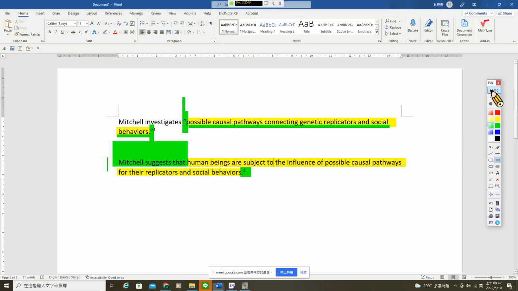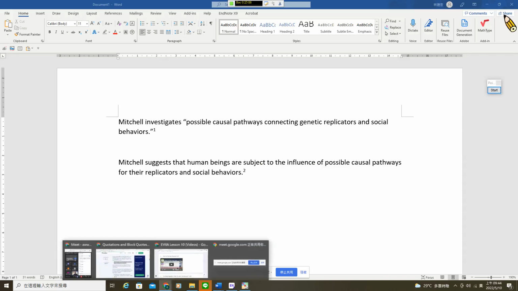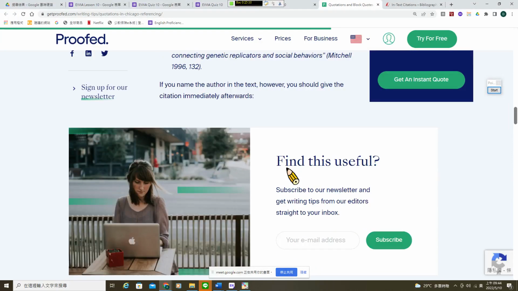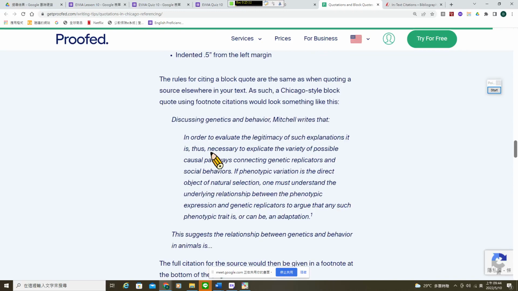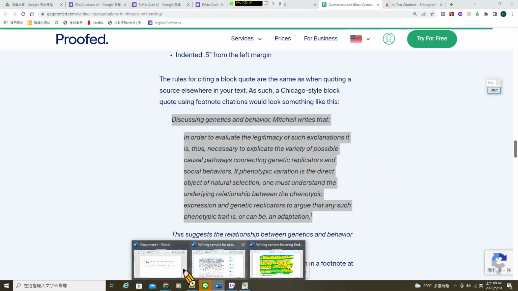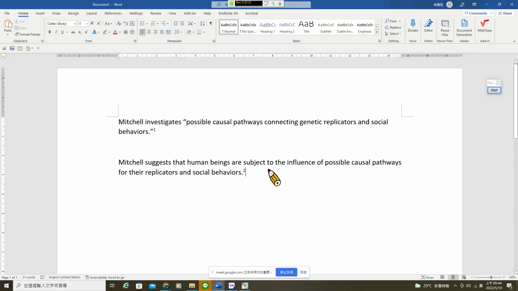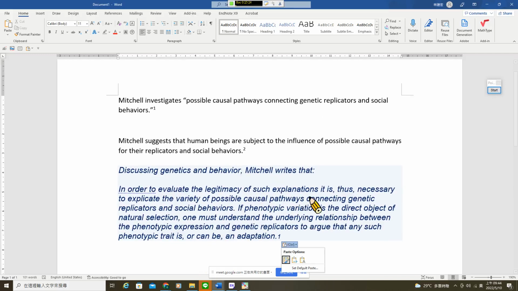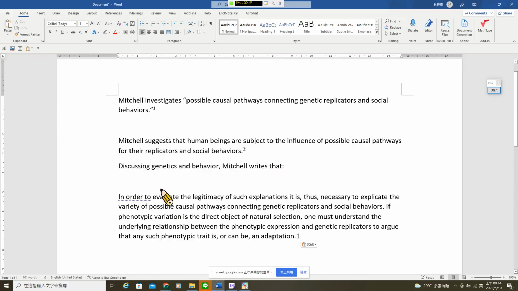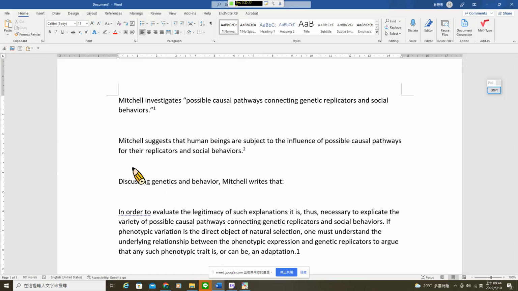And let me go to this one. So basically we have three different kinds of citation, and this one is the block quotation.